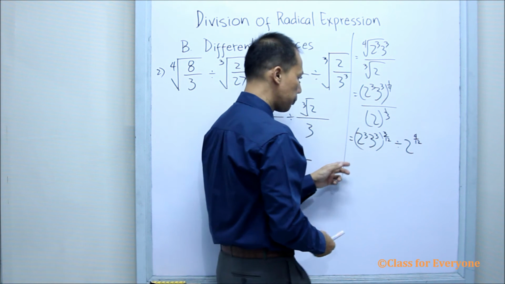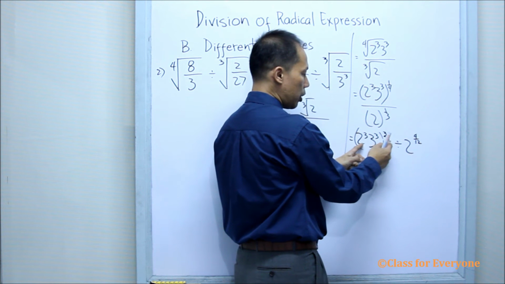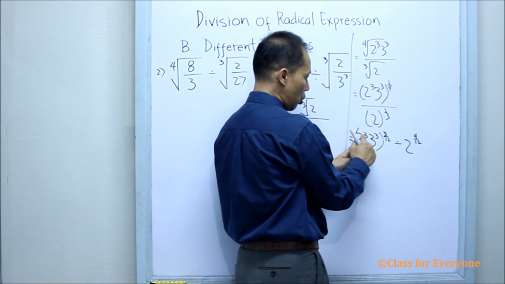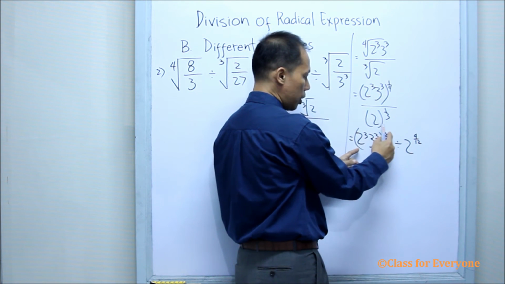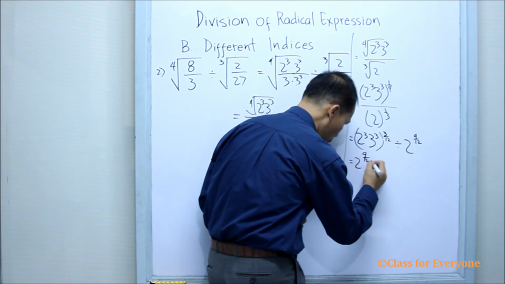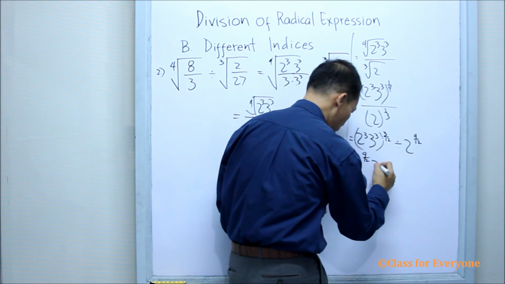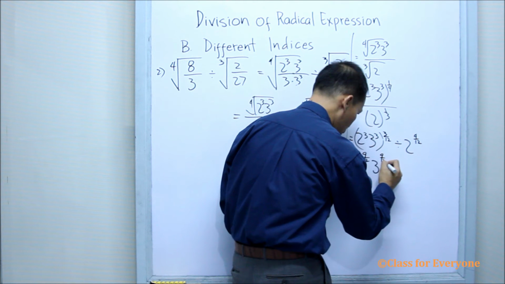Now by division, we're going to subtract. But we must first distribute this 3 over 12 inside. So 3 times 3 over 12 is 9 over 12. So we have here 2 raised to 9 over 12. And then multiplying 3 by 3 over 12, we also have 9 over 12.